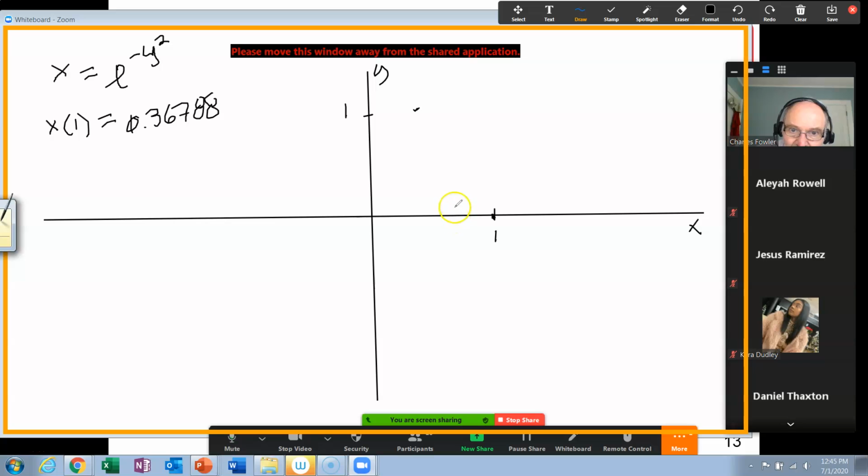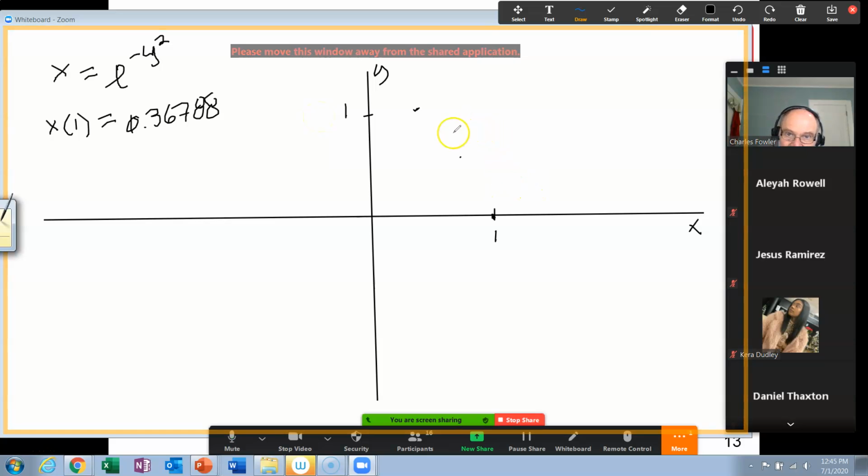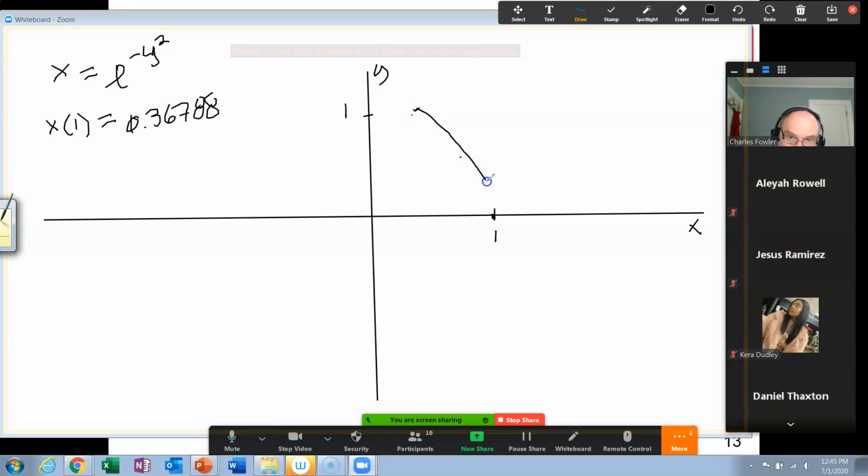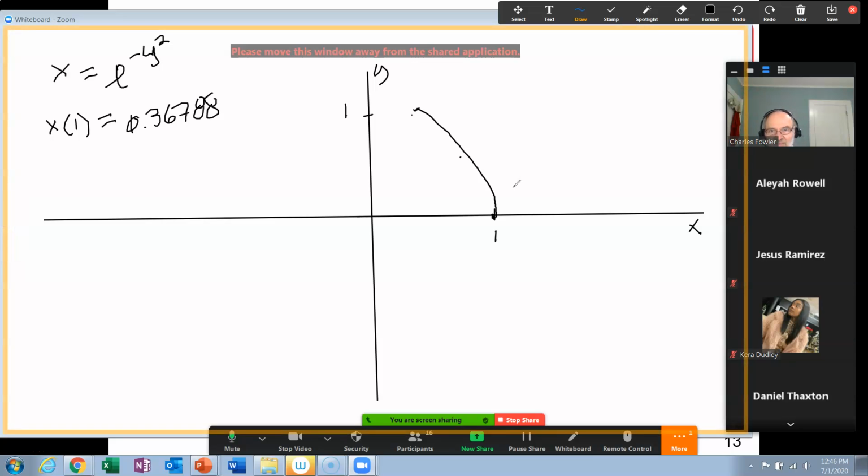This is just going to be a really rough, ugly approximation, starting here and going down to there. It's not anything close to what the book has, but let's just say that's it.